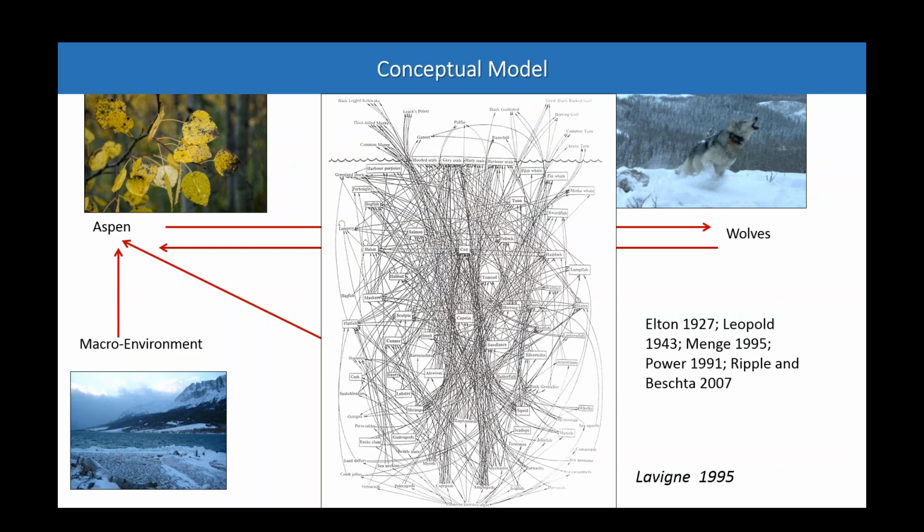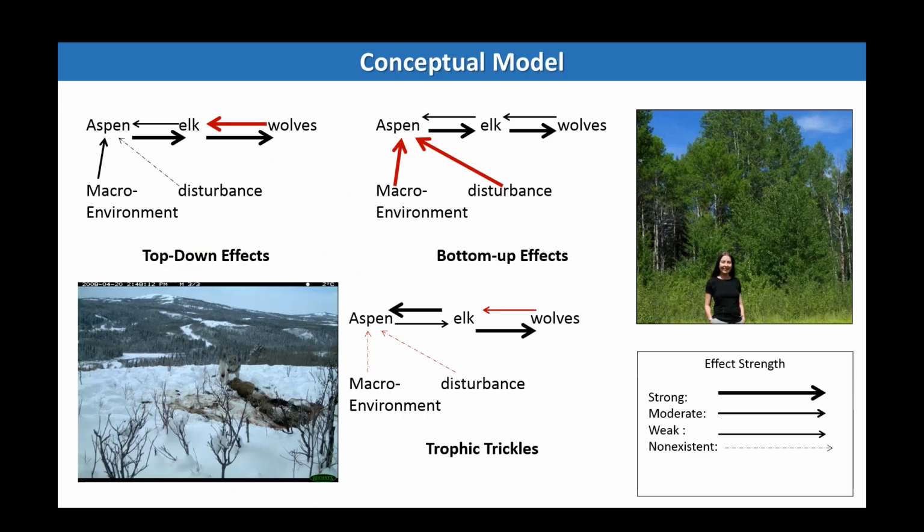However, nothing is that simple. This is an interaction web, and this is what really goes on in an ecosystem. Even studies such as those by Hobbs et al. in Yellowstone are a gross simplification of these interactions in an ecosystem. So I tested three conceptual models: the top-down model, which is the one on the top left, and the bottom-up model, which is the one on the top right, where the macro environment, the red arrows, is the most important factor.